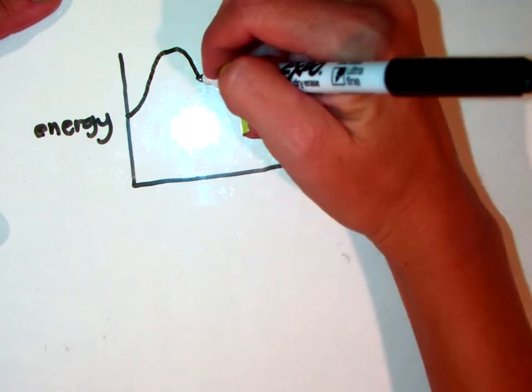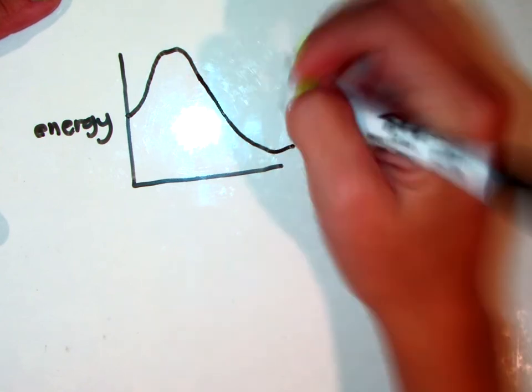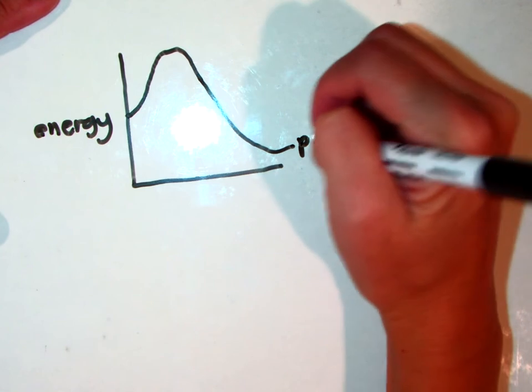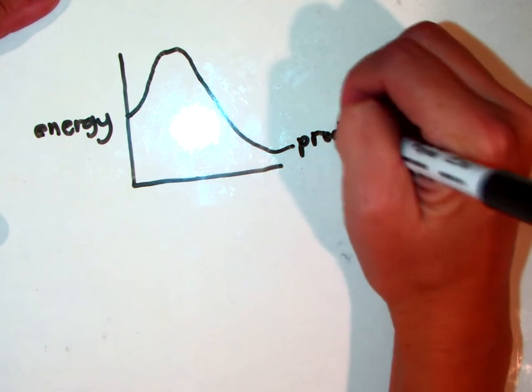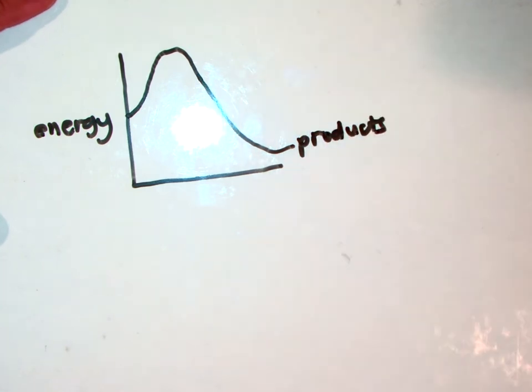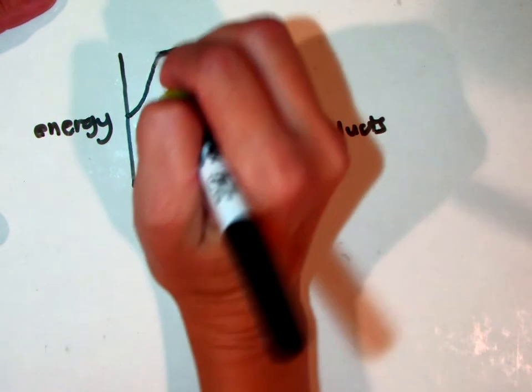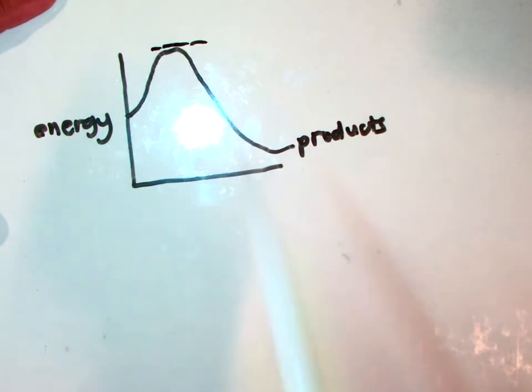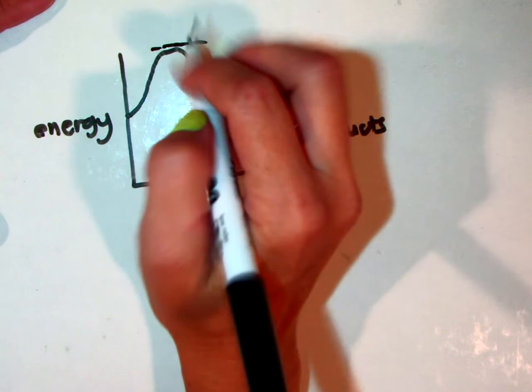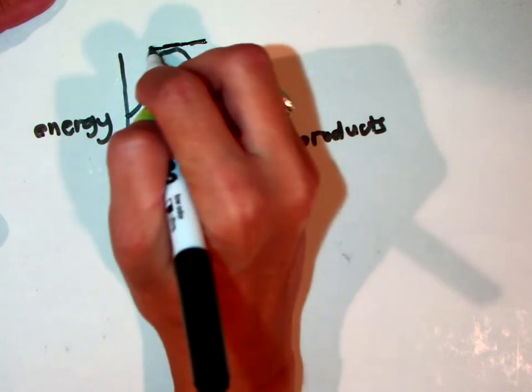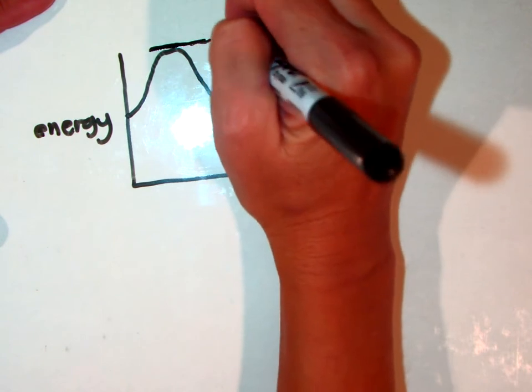So it'll go something like this. And then down here we'll have our products. This point right here is when we've got enough energy for the reaction to occur, and we call that the activation energy.